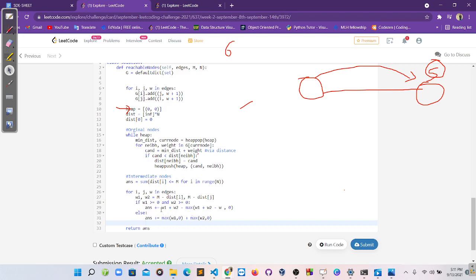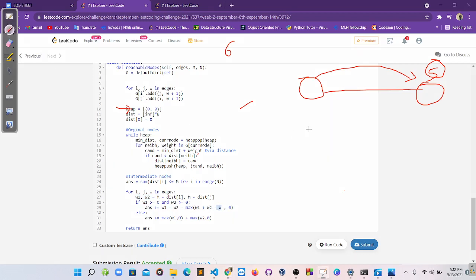Simple as that: W1 plus W2, minus the maximum of the remaining moves we have for both the nodes, minus W. W tells us the nodes we already explored.